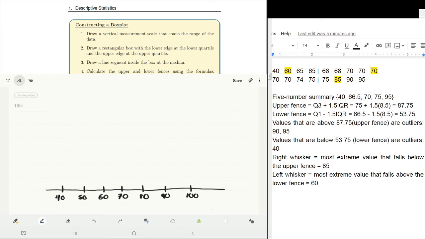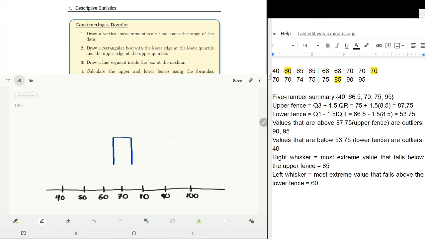So the first quartile was 66.5, so we'll draw a vertical line at 66.5. And the third quartile was at 75, so we'll also draw a vertical line at 75.